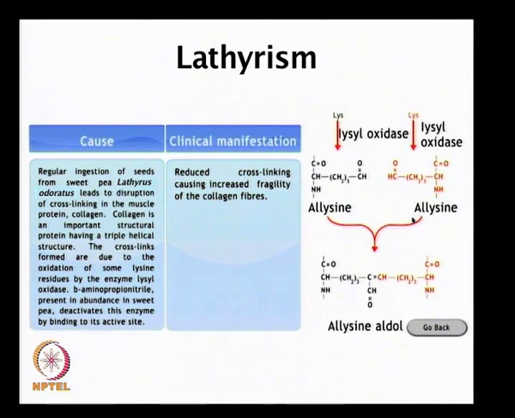Beta aminopropionitrile, present in abundance in sweet pea, deactivates this enzyme by binding to its active site. The clinical manifestation includes reduced cross linking causing increased fragility of the collagen fibers.